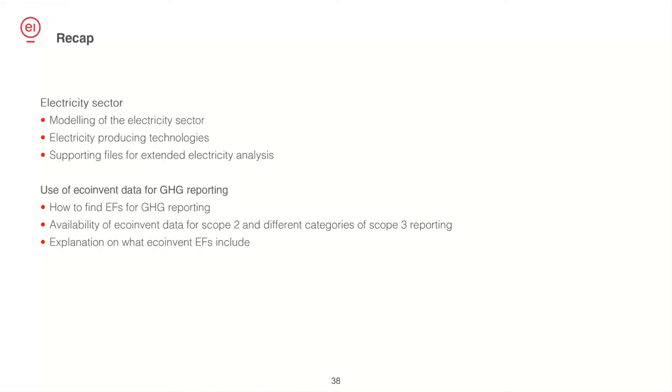We also had one question before the webinar, on the different dates that are registered in the market datasets. So if you want to know to which year an electricity market refers to, please always check the general comment of the market dataset in one of the linked system models.